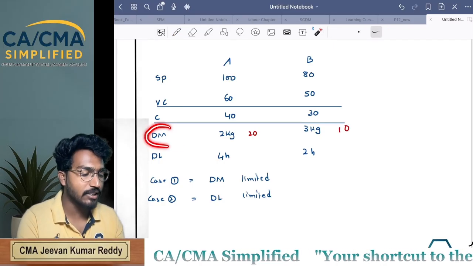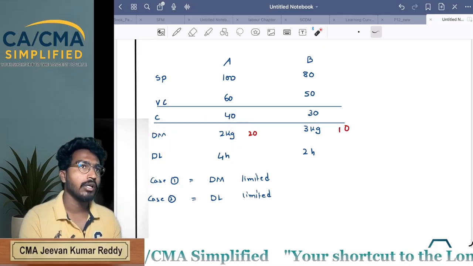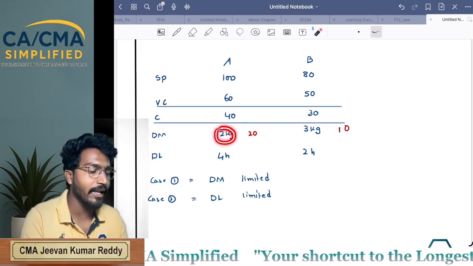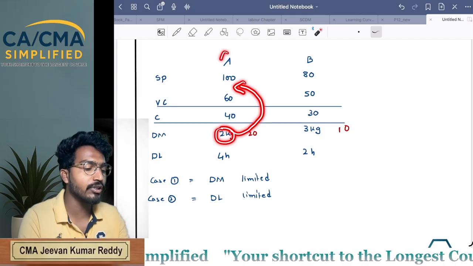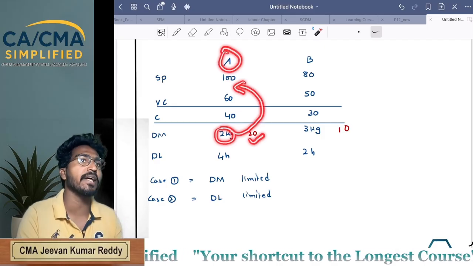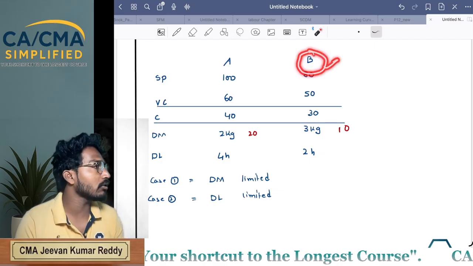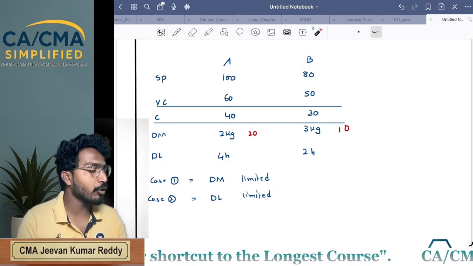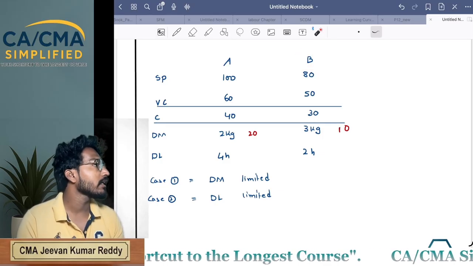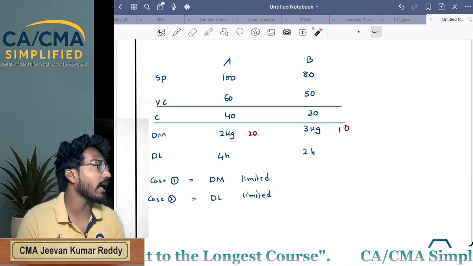If raw material is limited, and you use this raw material to produce A, you will get 20 rupees per kg. If you use it to produce B, you will get 10 rupees per kg as contribution.